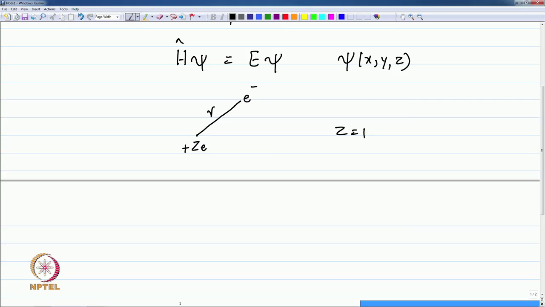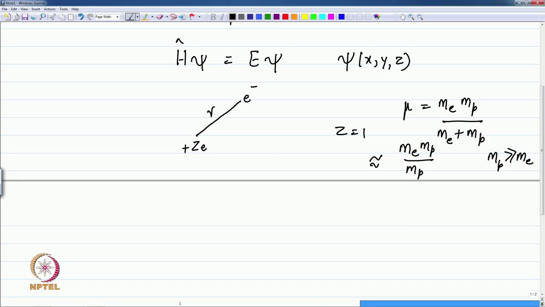The two-body problem, and then remove the center of mass from the two-body problem and study only the relative motion of the two-particle system, in which case the reduced mass for the two-particle system is the mass of the electron times the mass of the proton divided by the mass of the electron plus that of the proton, which is approximately the mass of the electron times the mass of the proton divided by the mass of the proton, since MP is much greater than ME, and therefore mu turns out to be approximately ME when you cancel the MP.